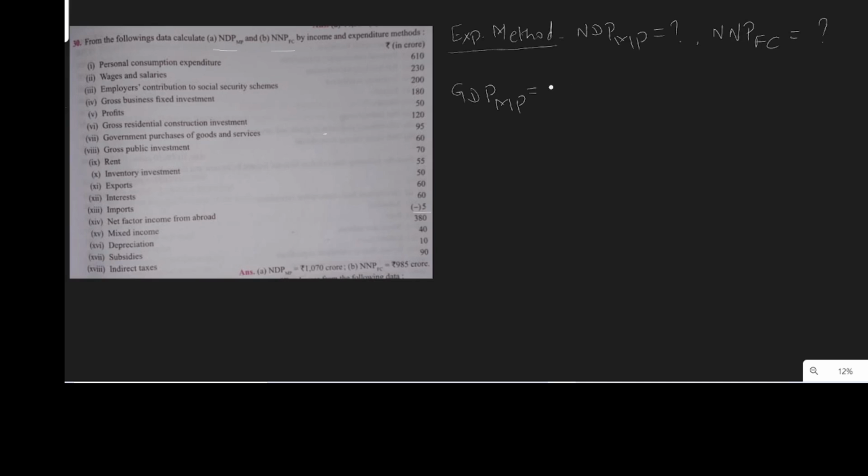I'm dictating it here. A first term is private final consumption expenditure. In abbreviation, I have written as PFCE. Then second is government final consumption expenditure. Then gross domestic capital formation. Then net exports, or we can write exports minus imports, because we are given exports and imports separately. Now we have to find the values from these particulars given here.